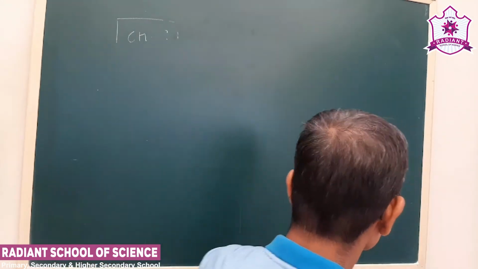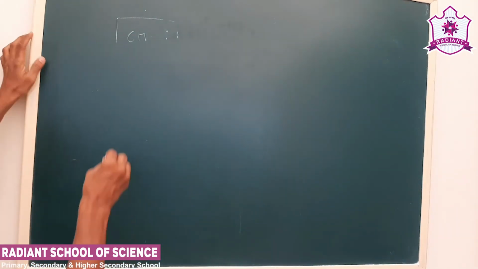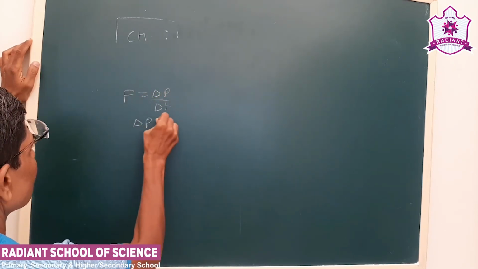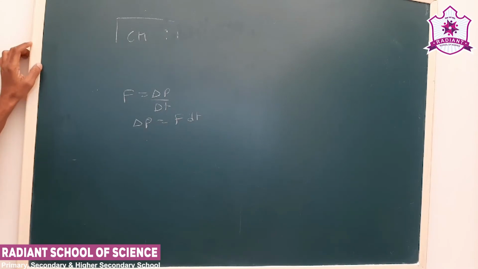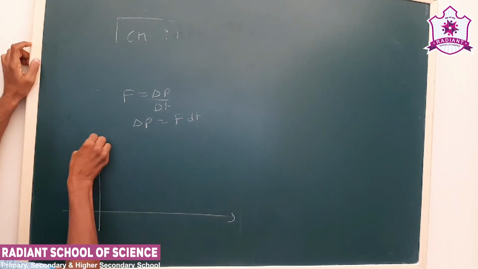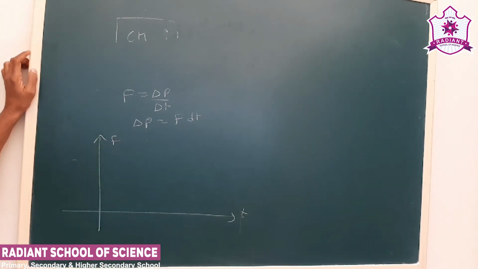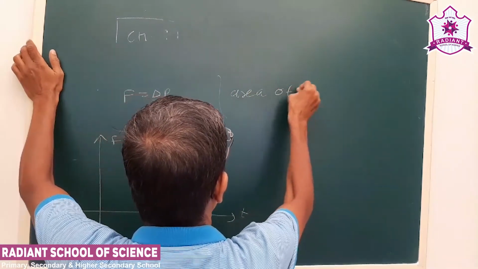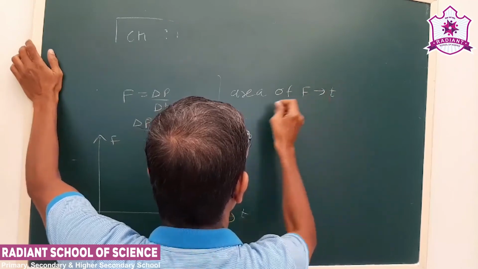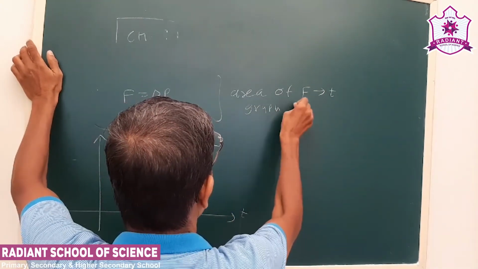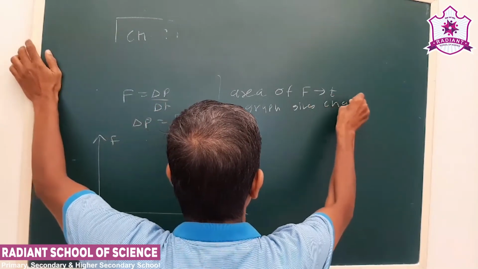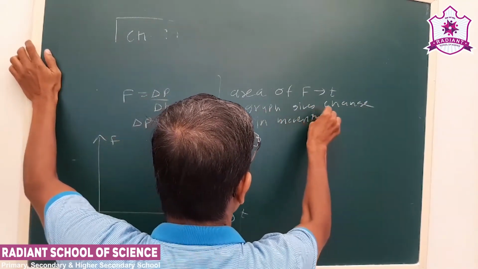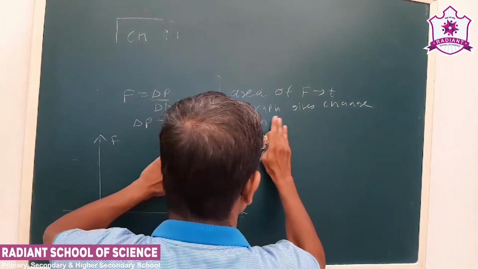Also, we have to remember F is equal to delta P by delta T. Okay, so suppose the force versus time graph. See the area of the force versus time graph gives the change in momentum. Okay, change in momentum.